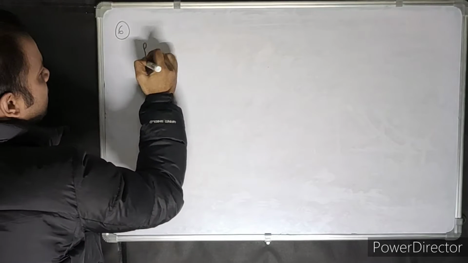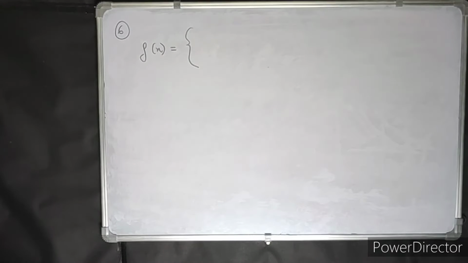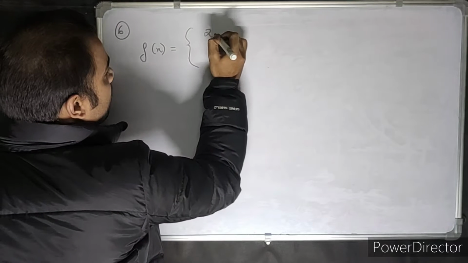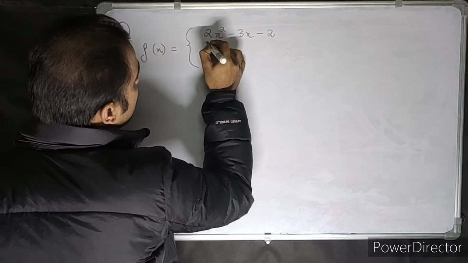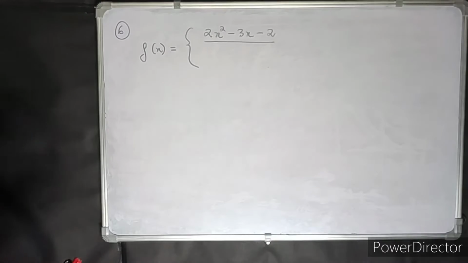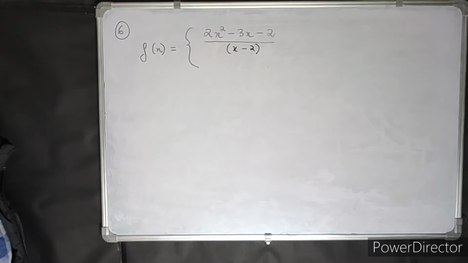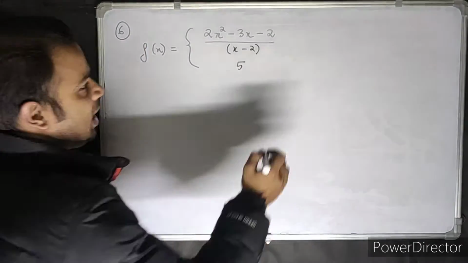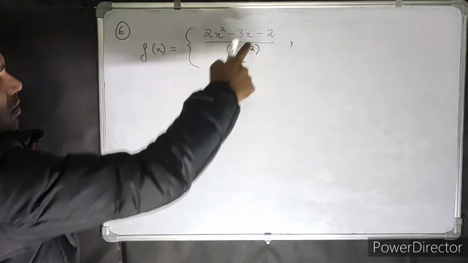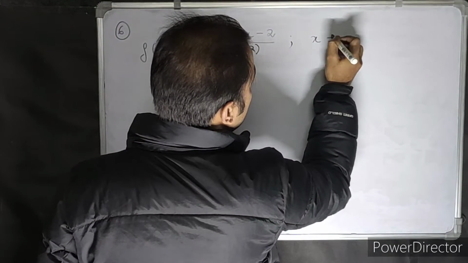This is the function that is given. f of x is equal to 2x square minus 3x minus 2 whole thing divided by x minus 2, and this part will be used when x is not equal to 2.